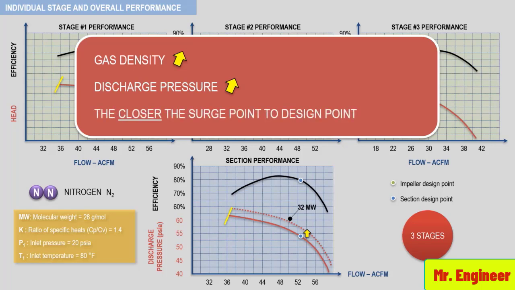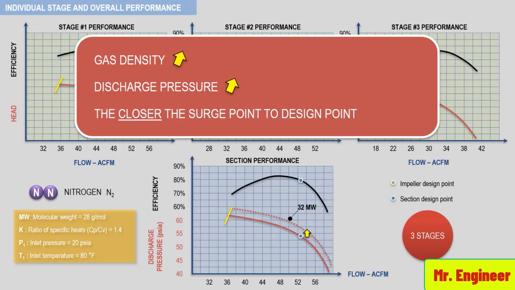This is due to the fact that once any dynamic compressor stage is designed, the head produced for a given flow and speed is fixed. The greater the density of the gas, the higher the pressure produced, and the lower the volume flow. Flow is inversely proportional to pressure. So, since surge is caused by low flow, then a dynamic compressor handling a denser gas will surge sooner.